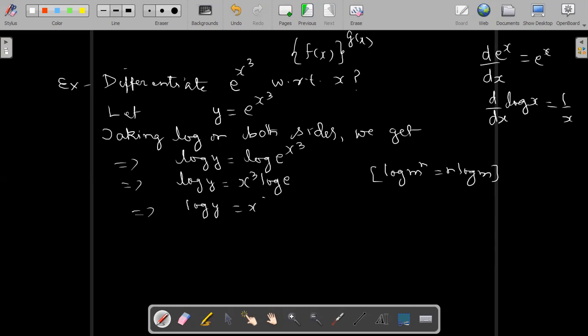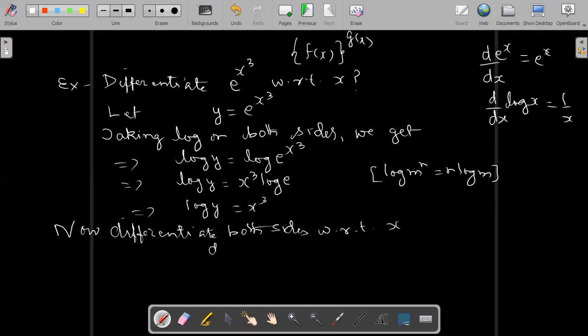Now differentiate both sides with respect to x, means dy by dx.